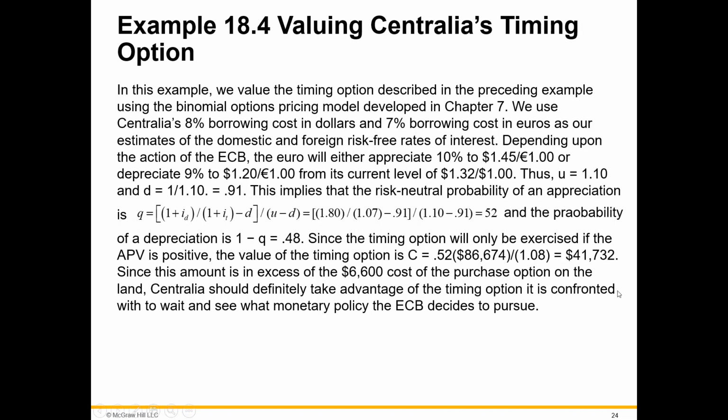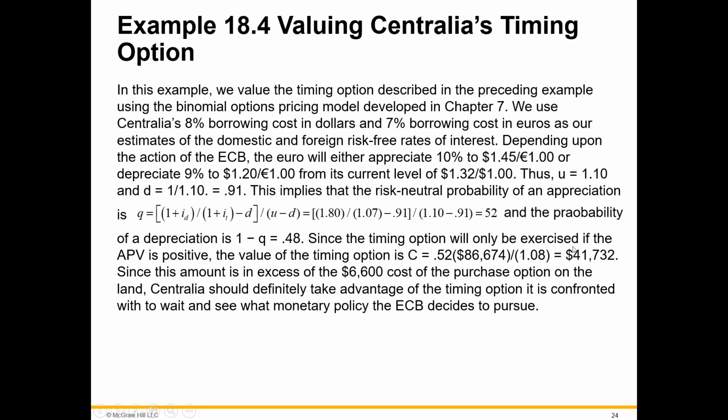We're not going to do this, but you can use option pricing methods to figure this out. You can kind of see how it works, where this isn't a true probability; it's a risk neutral probability. If we have a 52% chance of getting the good outcome, we have to interest adjust that back to now.